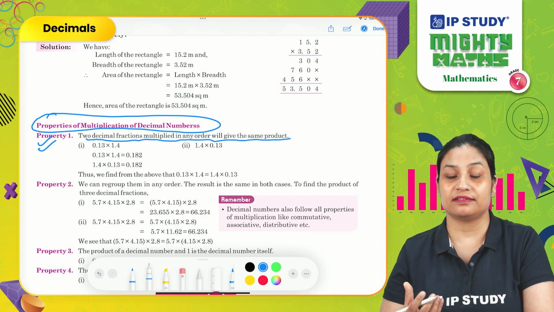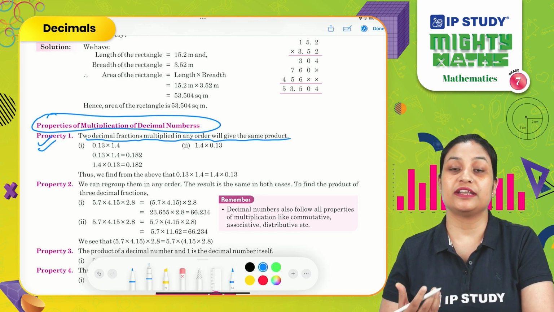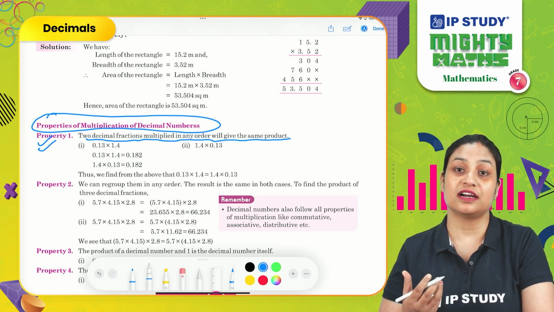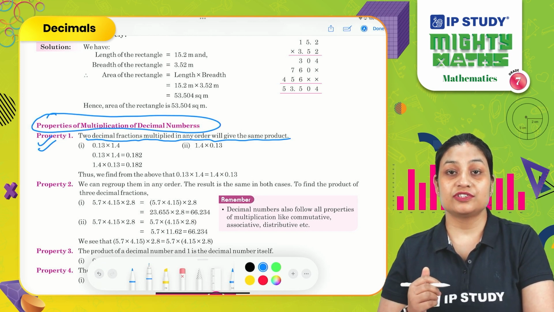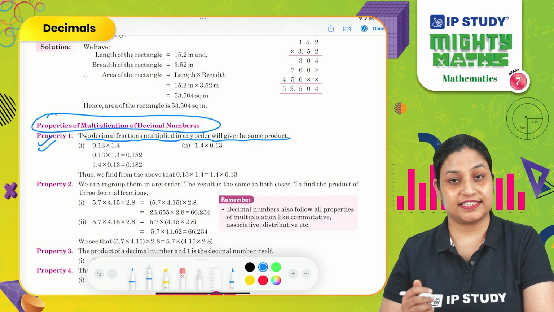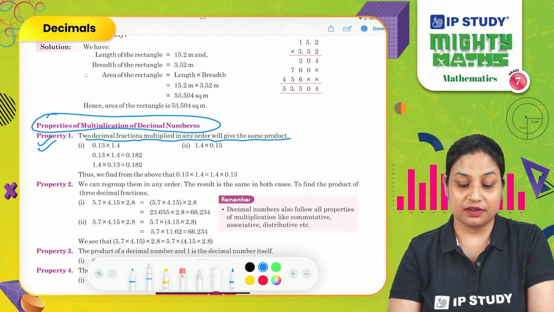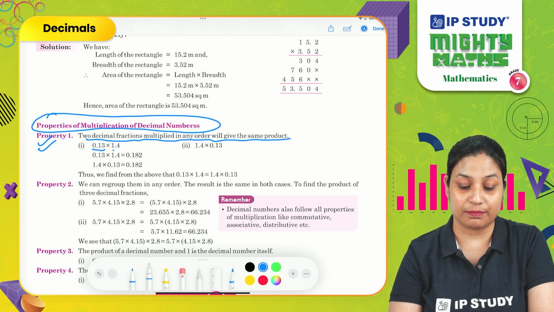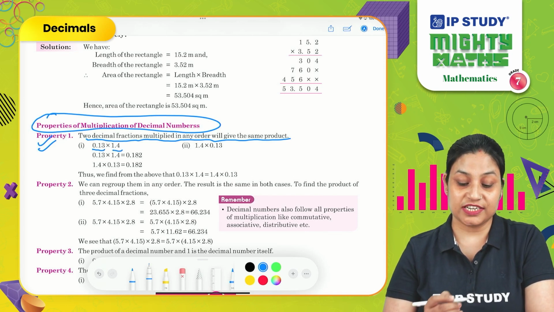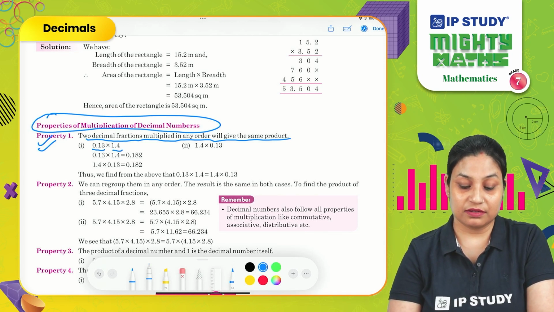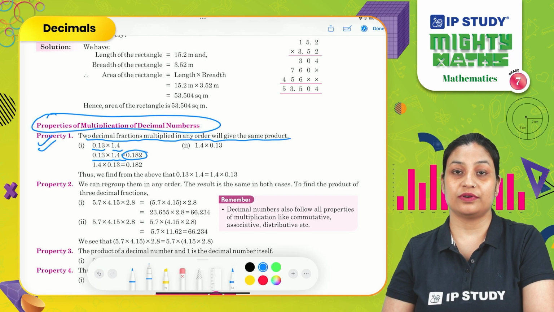It doesn't matter in what order you're multiplying 2 decimal numbers, the result will be the same, right? To understand this, let's take an example. Here I have 2 decimal numbers, 0.13 and 1.4. Let's take one scenario where I am multiplying 0.13 with 1.4 and the result is 0.182, right?